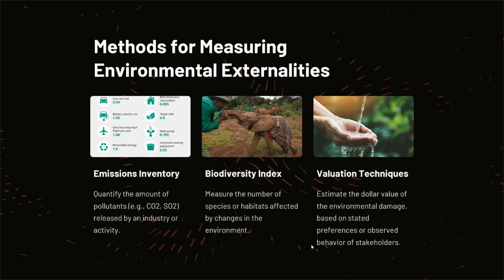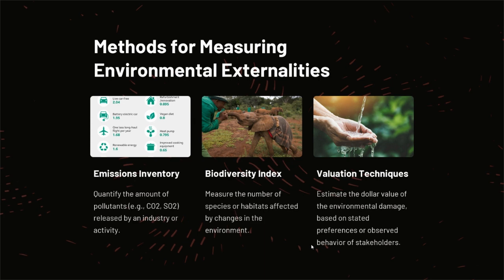Next is biodiversity index. It measures the number of species or habitats affected by change in the environment. Like if new highways are constructed which pass through the jungles or forest, then it is going to change this biodiversity index because the animals living around have to lose their habitat.